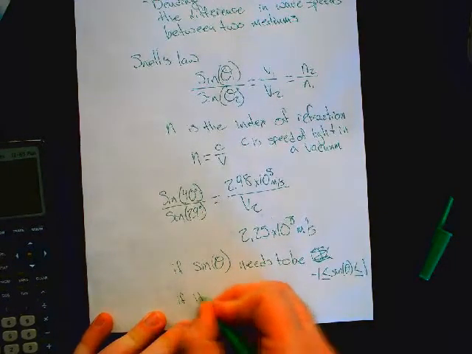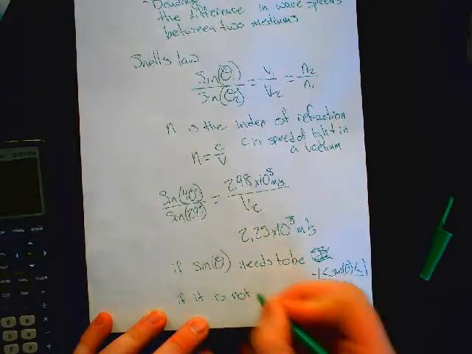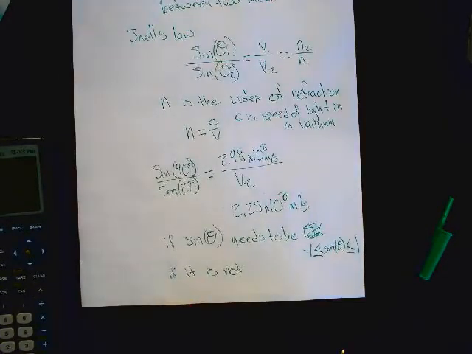If it was 0, would that mean any angle you shine at? No, that would mean at 0 degrees, it'd be straight down, and it comes straight back up, because you measure the angle from the normal.